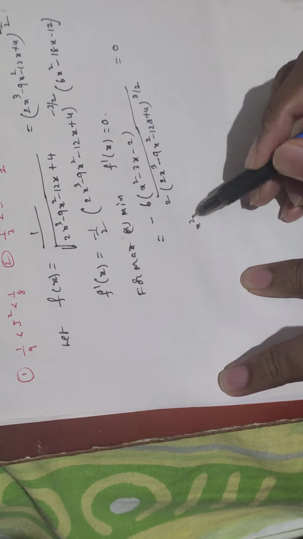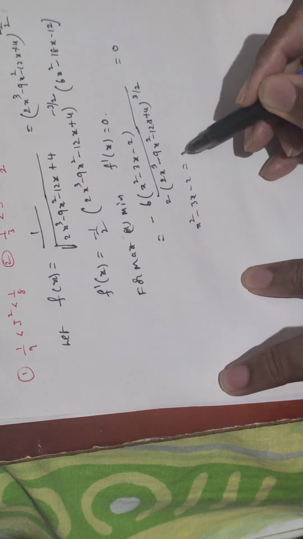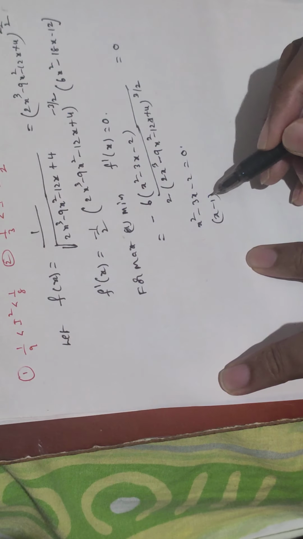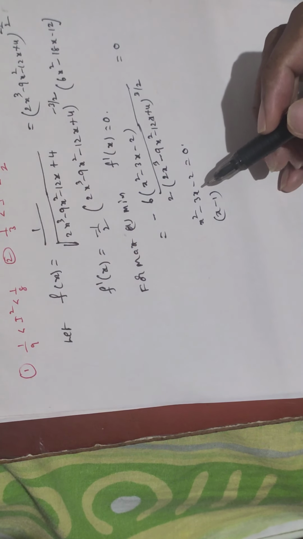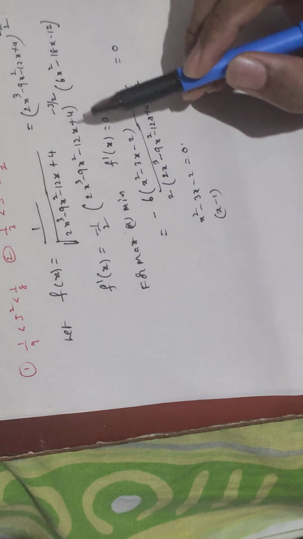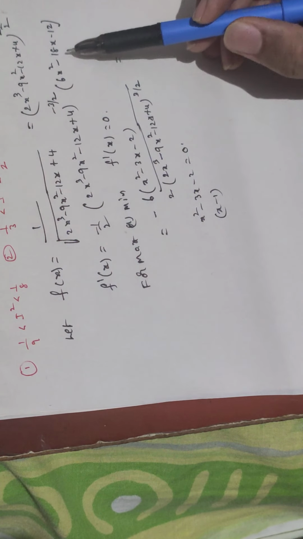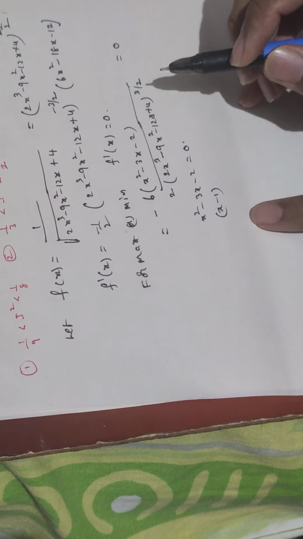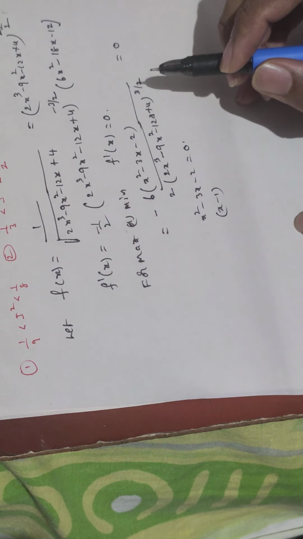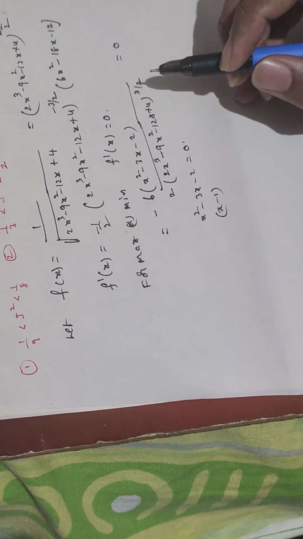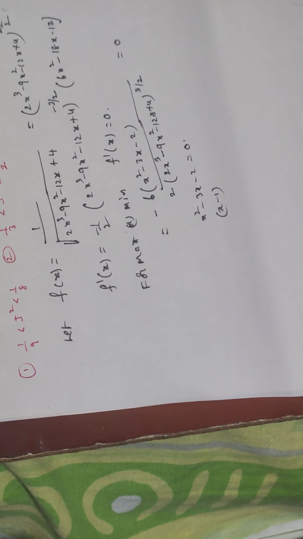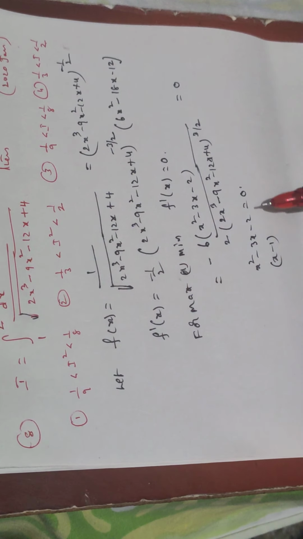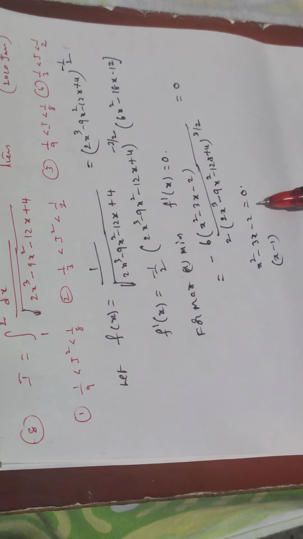That means x square minus 3x minus 2 equals 0. Here 6x square minus 18x minus 12.